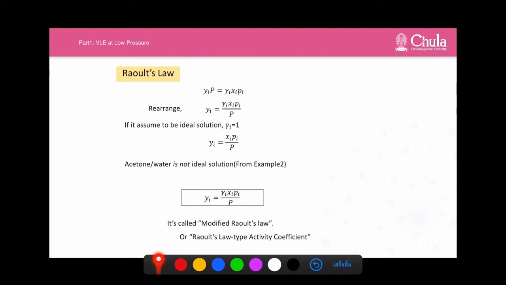And if we assume our mixture, our solution, is an ideal solution, for an ideal solution gamma i is 1. So our model becomes yi is xi Pi over P, and previously you know this as Raoult's law.